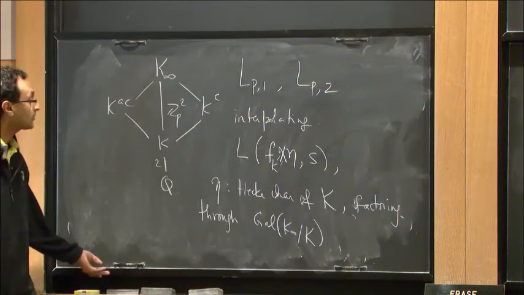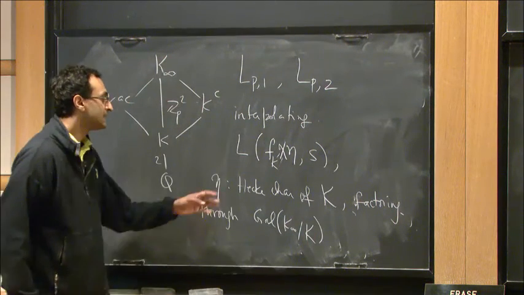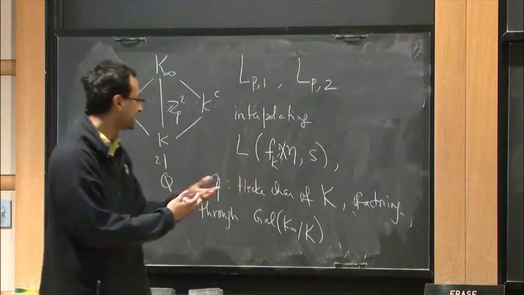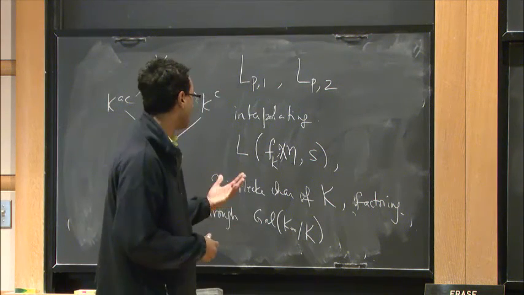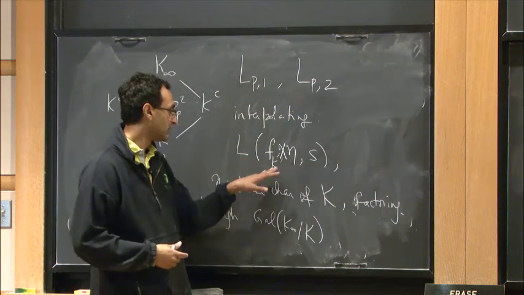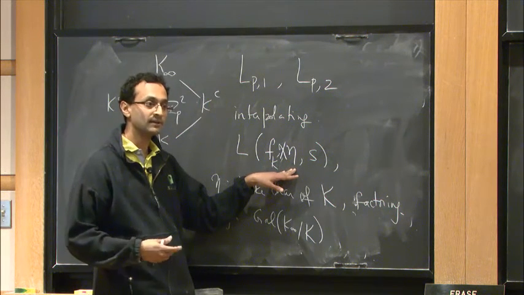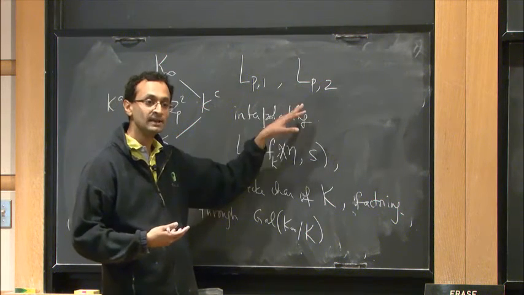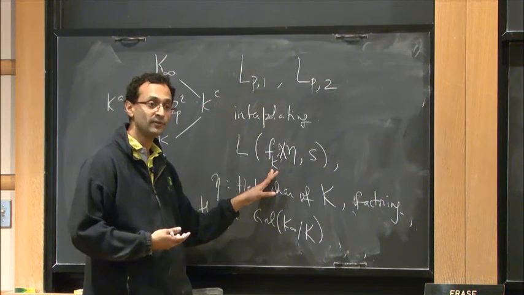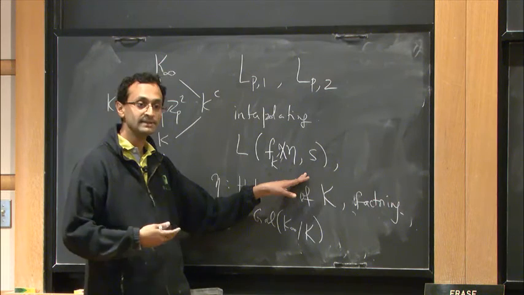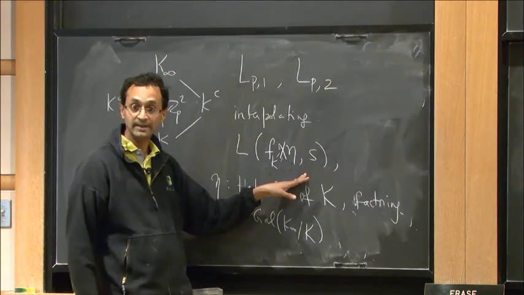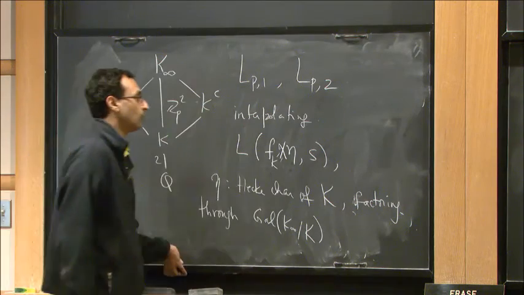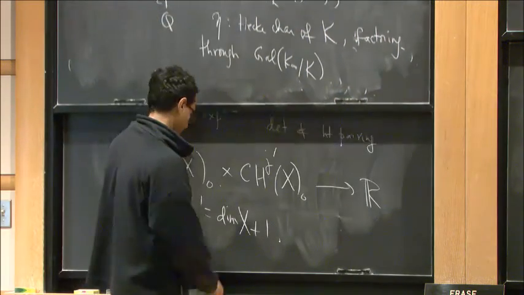But the point is that when you look at these L values, and you look at the transcendental part of the L value, the period that you get depends very much on whether the weight of the form is bigger than the weight of the character or the other way around. And so the reason you get these two different p-adic L functions is in one case the period is the Petersson inner product of f. In the other case, the period is a CM period associated with the field K. So that sort of explains why you have two different p-adic L functions.